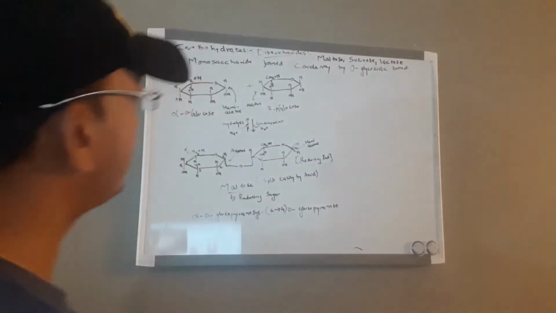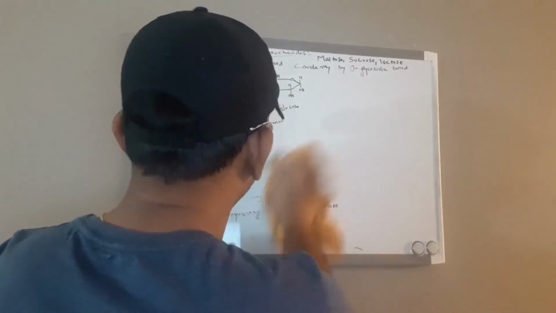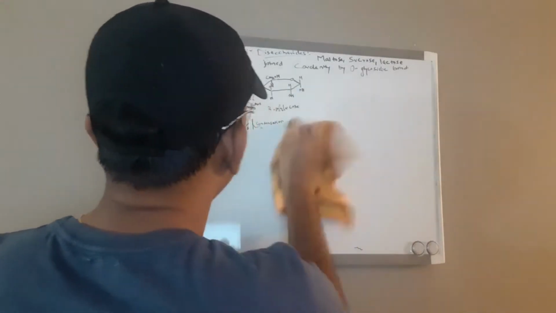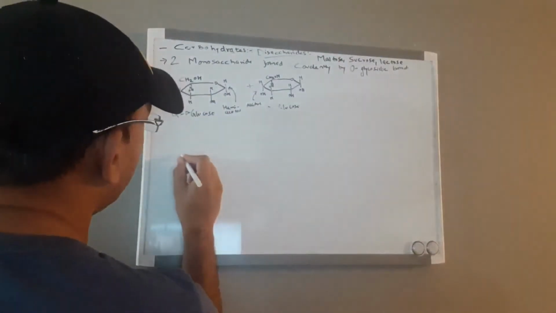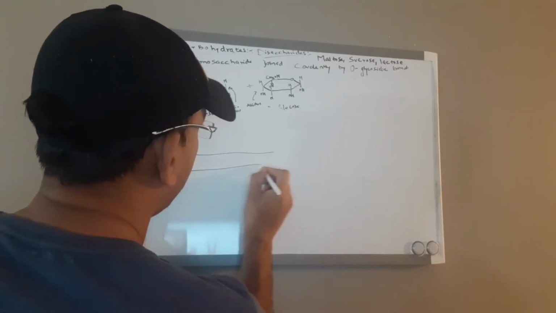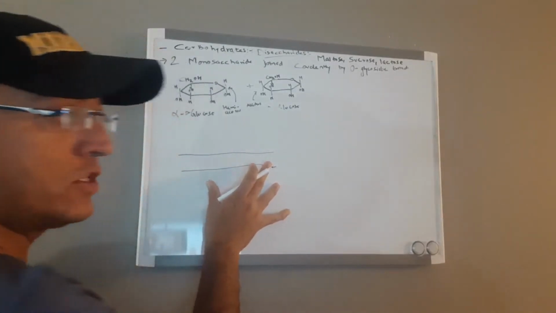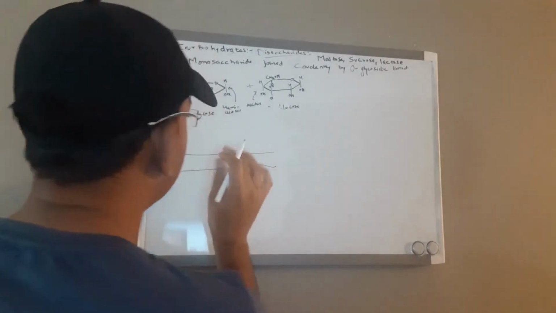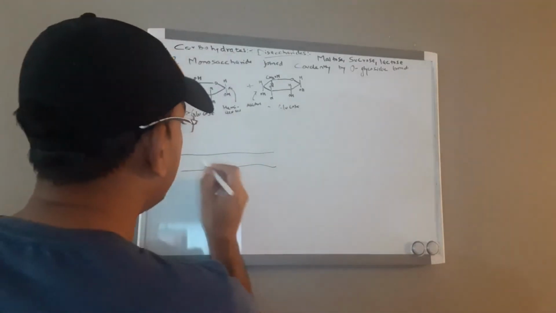Alright, so I will remove this. Okay, so for example, I'll just draw a simple diagram. For example, this is our taste bud and it has its cells. Like for example, this is a gustatory cell.